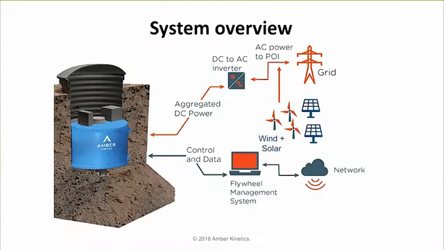Okay, here's a picture of how things are connected together. Believe it or not, the thing shown installed below grade on the left is actually not one flywheel. It's meant to be an array of flywheels, and my diagram ought to show an array. Power is aggregated on the DC terminals. On top of the flywheel is the so-called power electronics box.